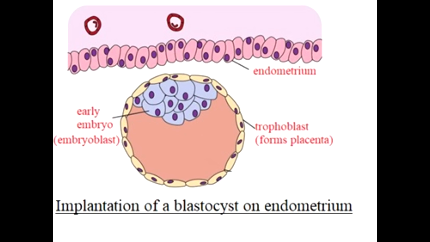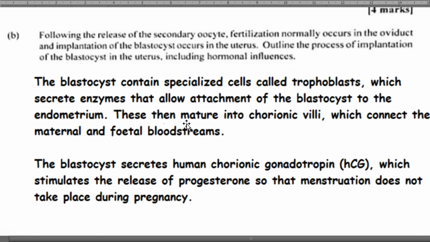The endometrium is the uterus lining, and the blastocyst fits itself snugly inside that pocket. So the blastocyst could actually connect to the mother's bloodstream. The trophoblasts are like little fingers that help it grip onto the endometrium. So these then mature into chorionic villi.